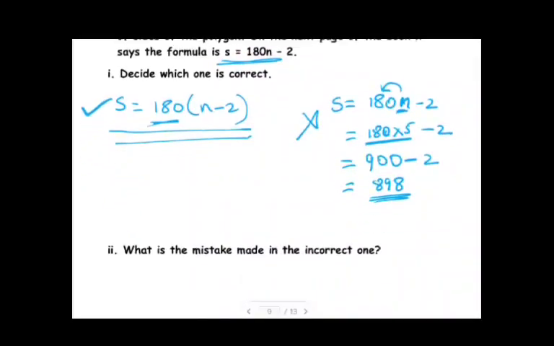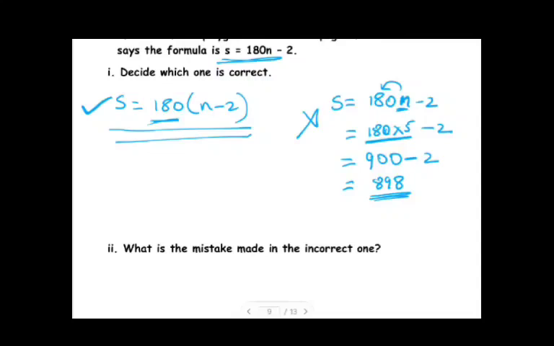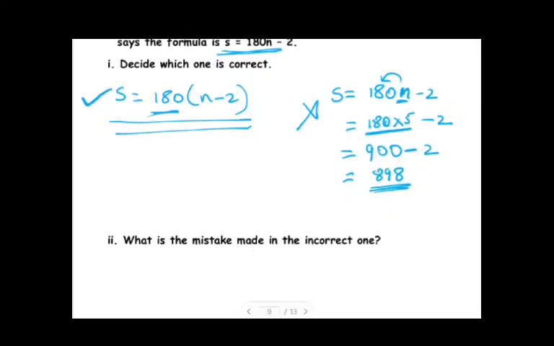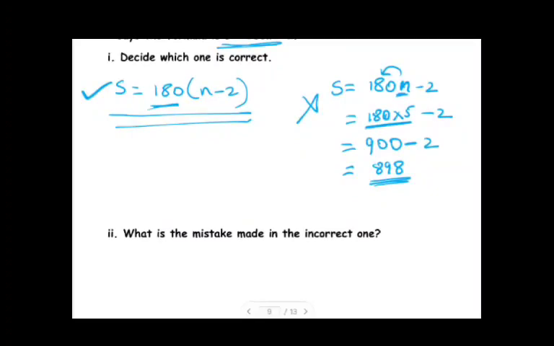So what is the mistake made in the incorrect one? The mistake is that we are only subtracting 2 from the entire amount. The whole thing is being multiplied by 180, and then only 2 is being subtracted, which is not the right way to do it. So how will you write your answer?